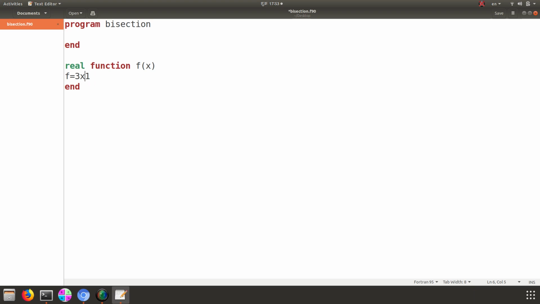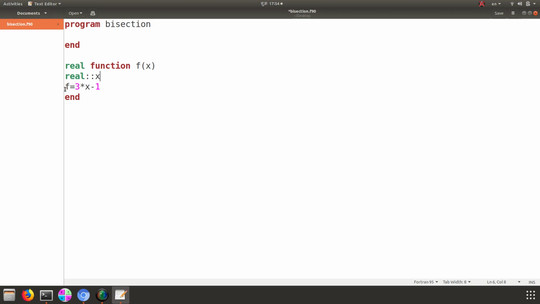So this is our function, and I should insert 3x minus 1. But here, as you can see, x is a real variable, and I need to define that as real. Okay, so I completed the function.